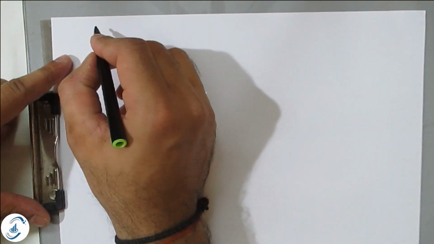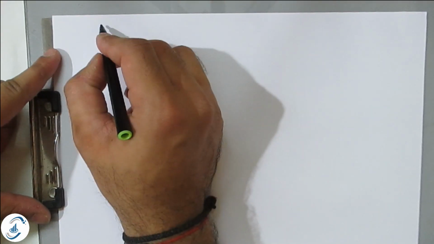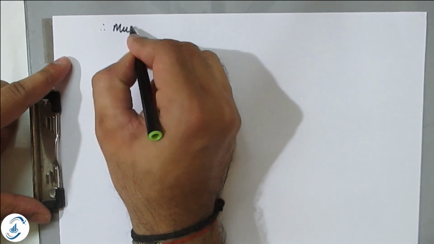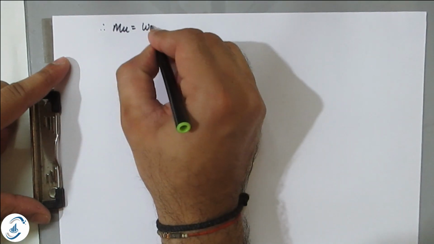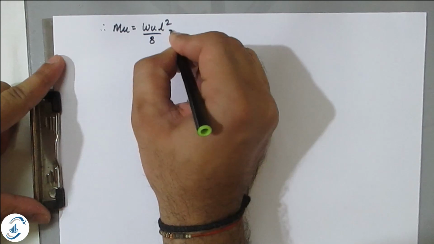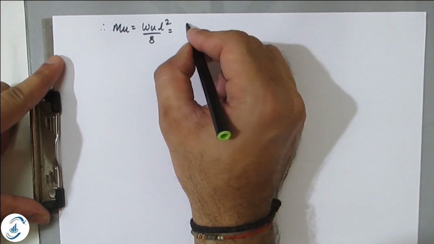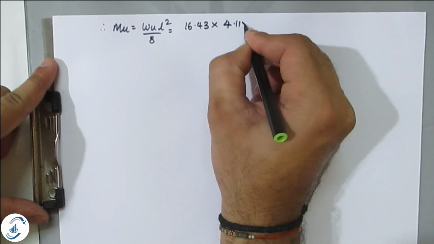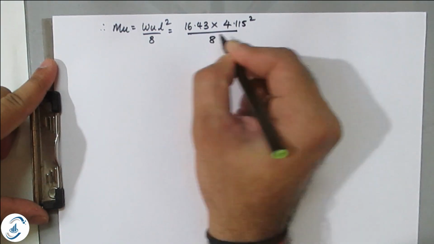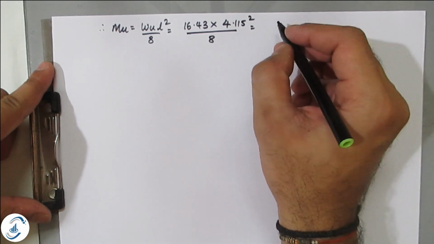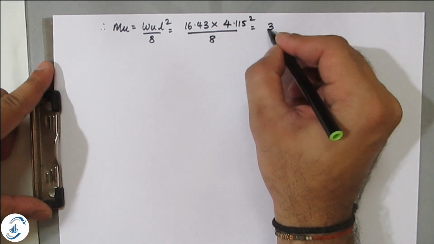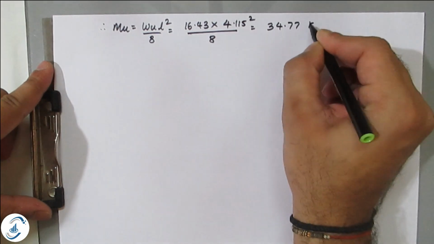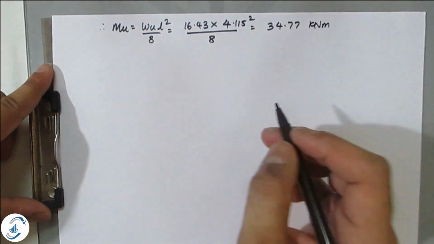Now the next step is to calculate the moment. So Mu is equals to WU L square by 8. WU you calculated, that is 16.43 just now. Effective span is 4.115 square divided by 8, and you will get the moment as 34.77 kilonewton meter. So this is your ultimate moment.